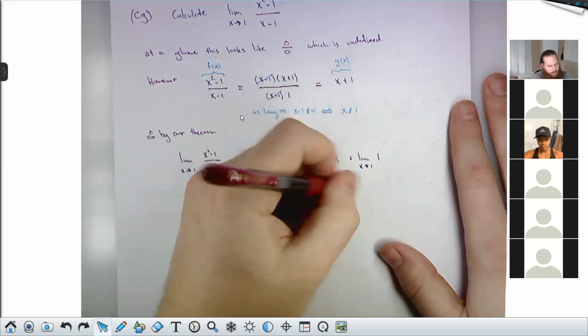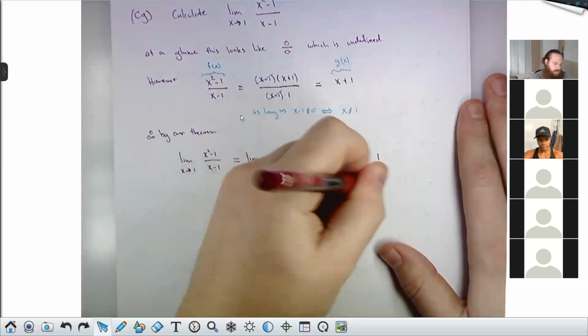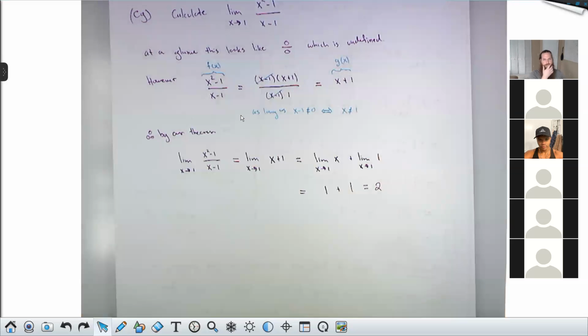The limit as x goes to 1 of 1 is 1. So this limit is 2. These 3 dots arranged in a triangle, this stands for the word therefore. You'll see me use that a lot.